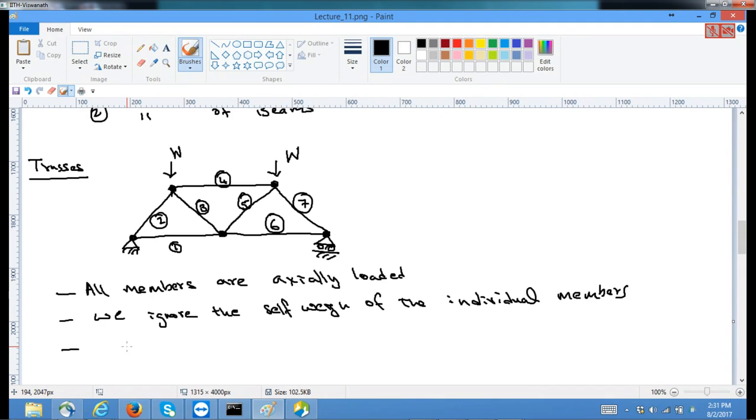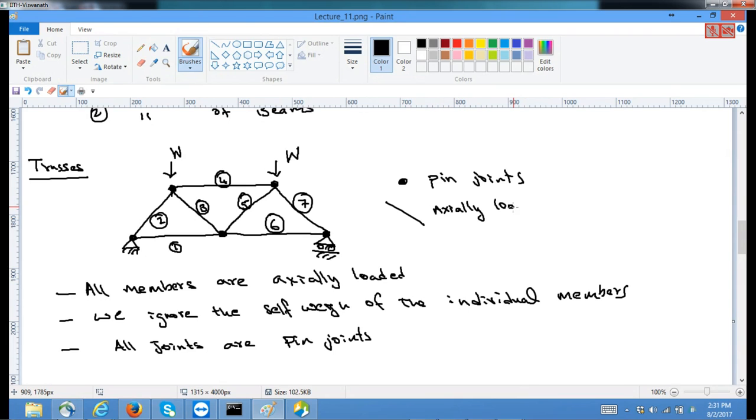Next, all joints are pin joints. So if it is pin joints, anything on this side of a member is an axially loaded member.